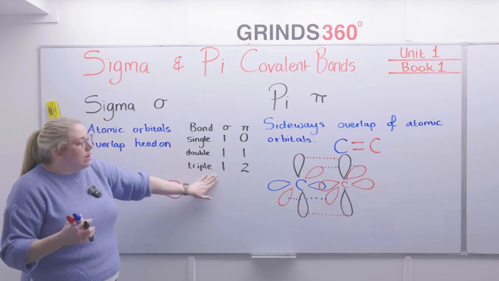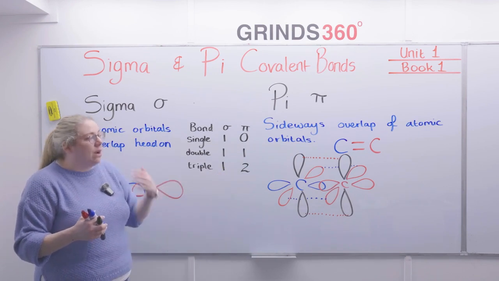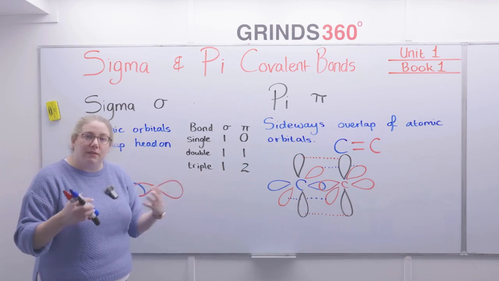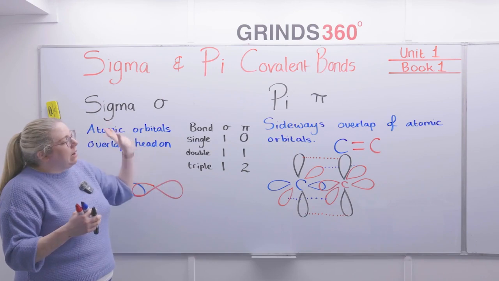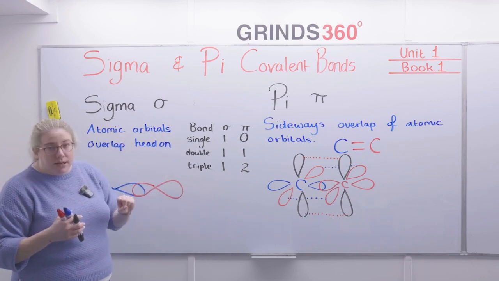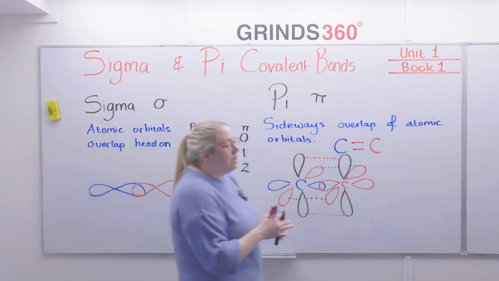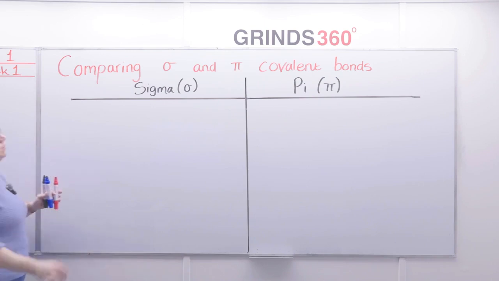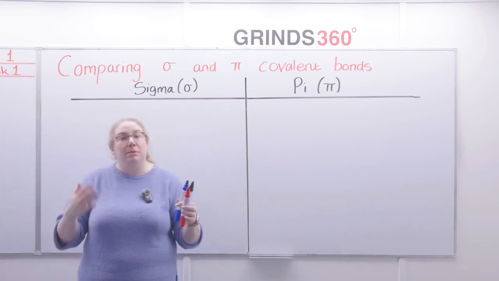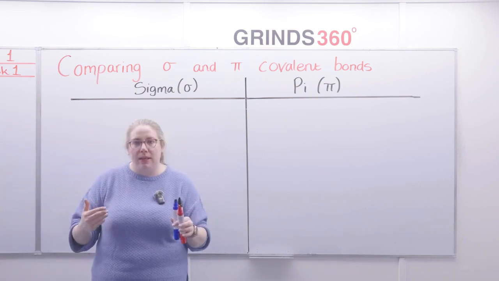Now, that's important because you're going to use that to count the number of sigma and pi bonds in different molecules in a minute. Now, after all of that, I'm going to summarize what I just said on the other board, and we're going to do it as a table. Now, we're going to move over to here where I have set up a table for myself to fill in the differences between them.